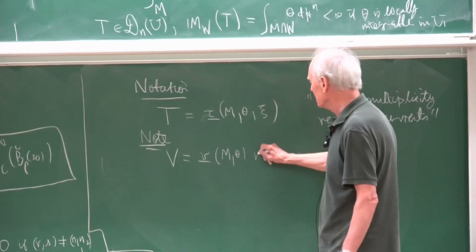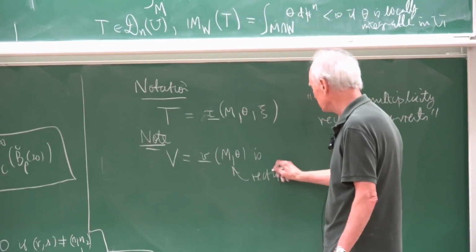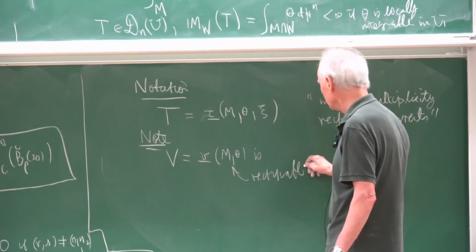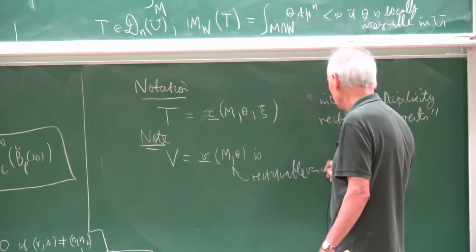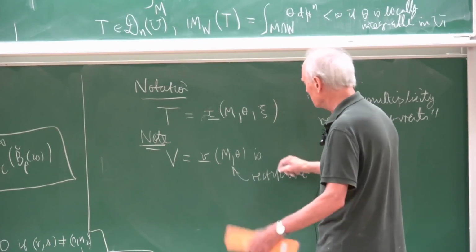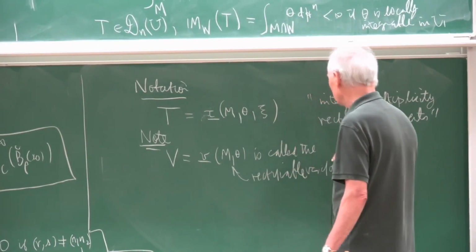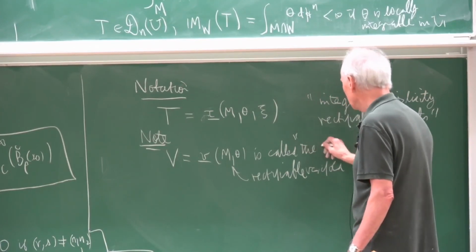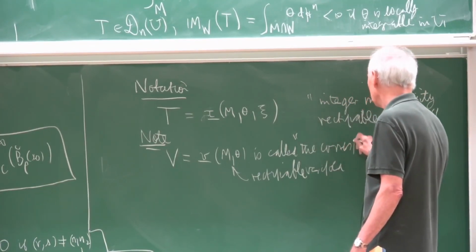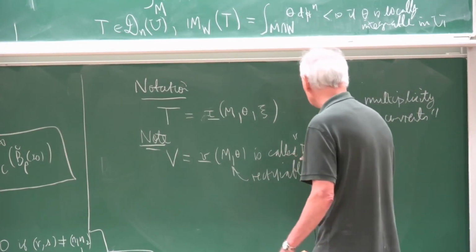So this is a rectifiable varifold in the sense that we defined it before. And it's called the corresponding rectifiable varifold.